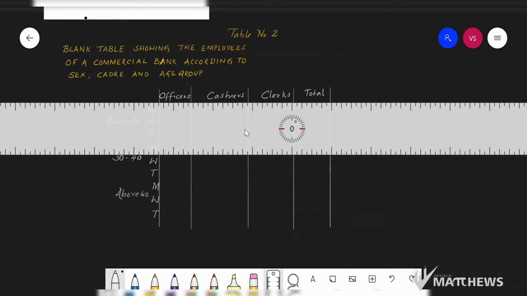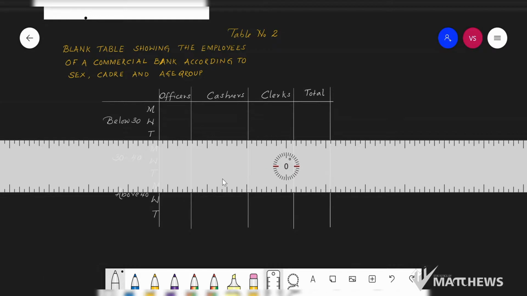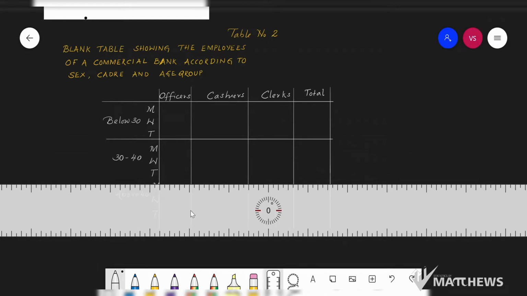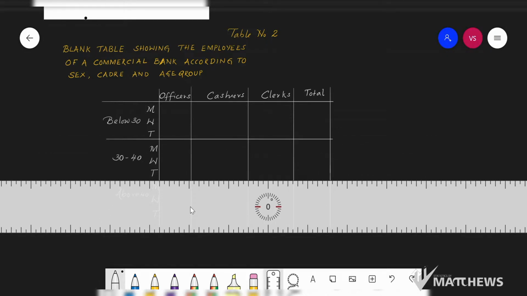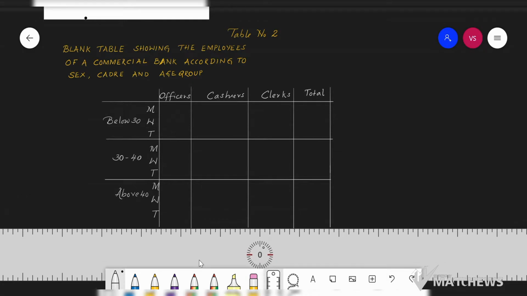I hope you got it. I'm doing it according to the characteristics first, so it will be easy for you to understand. See what I have done. I have divided everything according to the characteristics properly. Is that right?